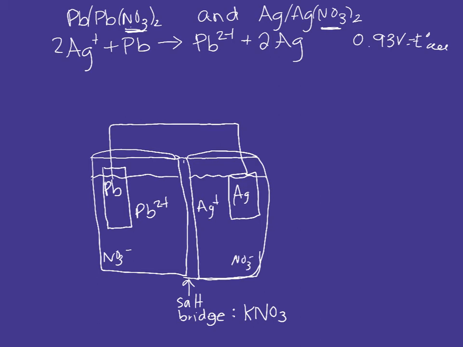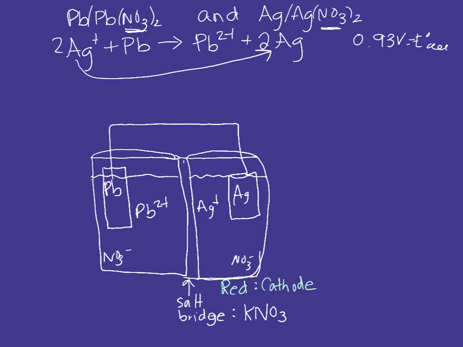Okay, so let's figure out which one is our anode and which one is our cathode. If we look here, the silver ions are going to silver metal. So over here, this is where reduction is taking place. It doesn't matter which side the oxidation is on and which side the reduction is on. You just have to label it. So reduction is our cathode. Let's draw our little arrow.